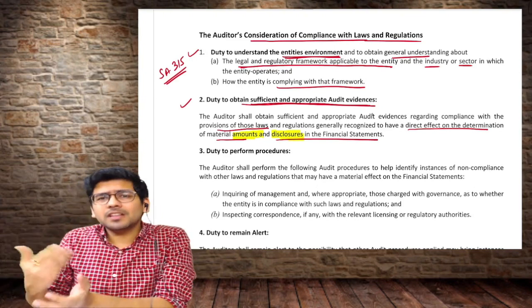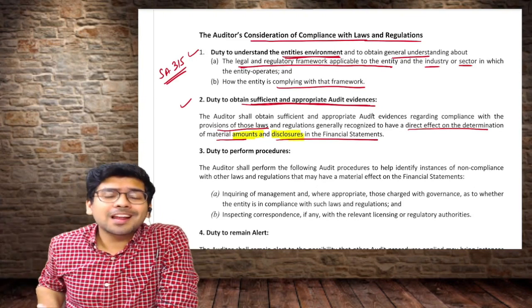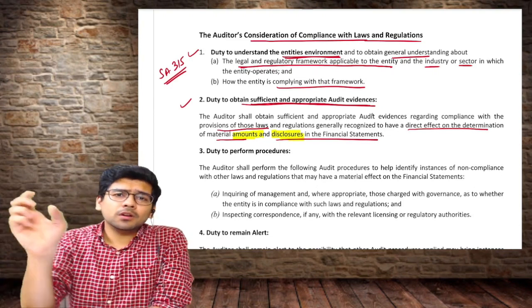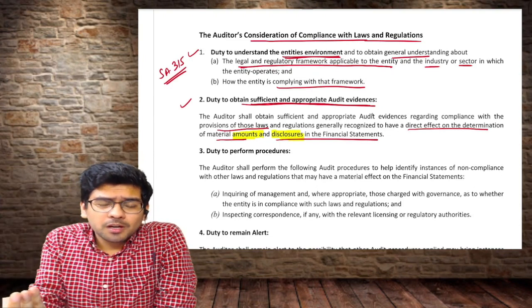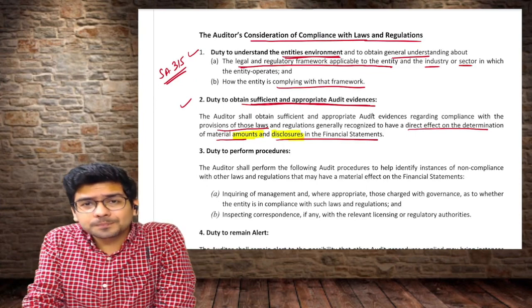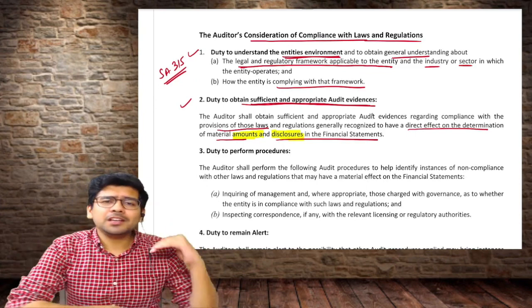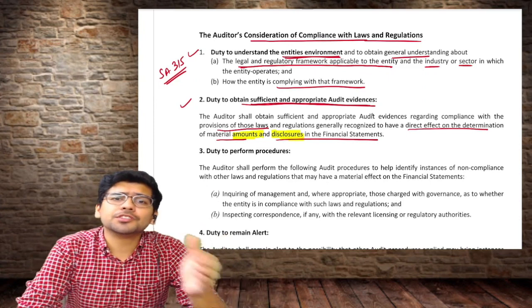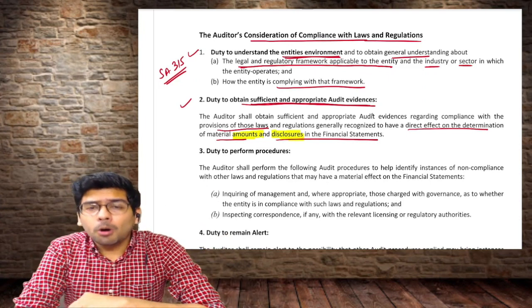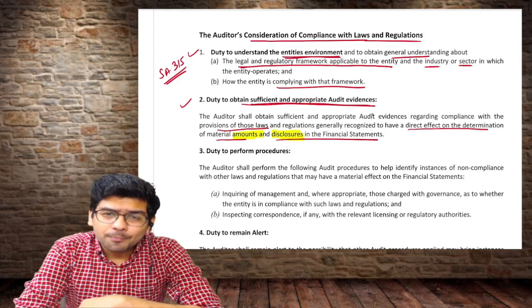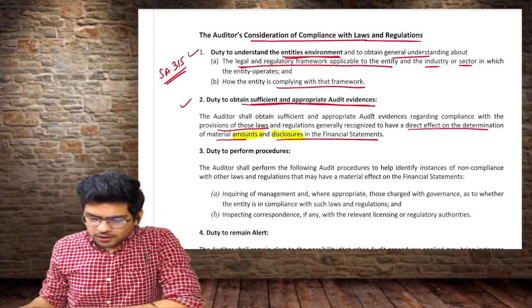He may himself do a re-performance or recalculation. He may himself calculate the provision that has been made by the company, let's say the provision for taxation. So just remember that he needs to apply procedures and obtain sufficient and appropriate audit evidence for all those laws which have a direct effect on the financial statements.